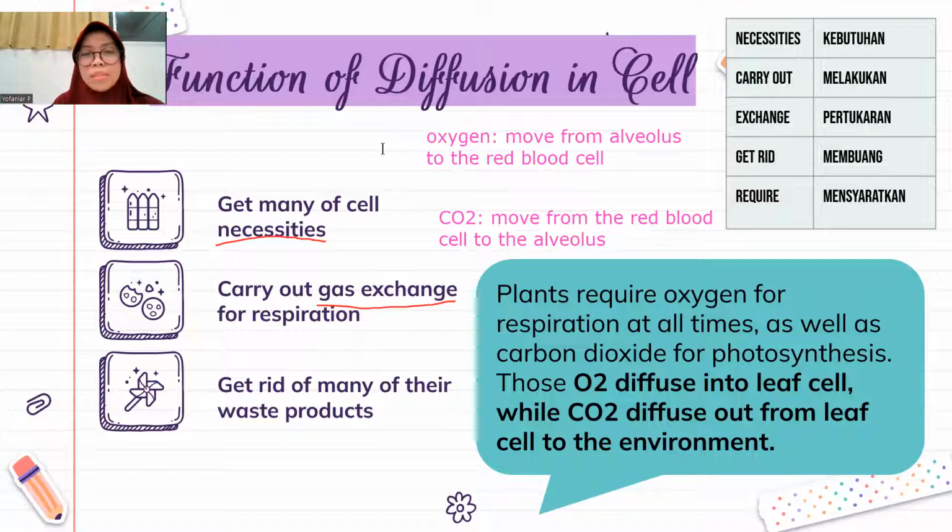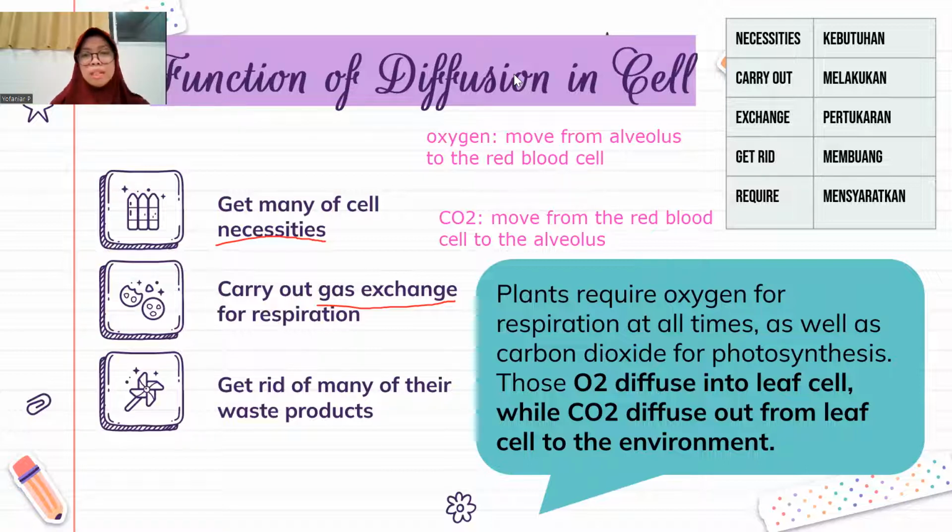So the concentration of oxygen in the alveolus needs to be higher than in the red blood cell. Meanwhile, the carbon dioxide in the red blood cell needs to be higher than in the alveolus. Okay. Next, here we have getting rid of waste products.